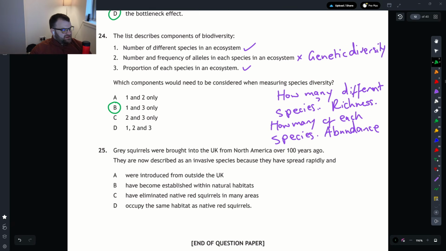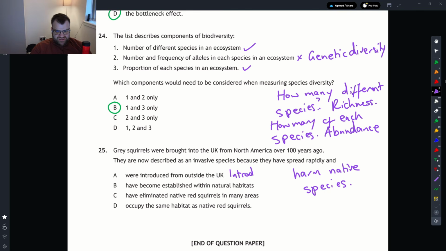Moving on to an invasive species. So they have to come from the outside. They've rapidly spread. And they have to harm the other native species. So harm native species. Introduced from outside the UK would make them an introduced species, and they can just peacefully coexist with the natives.